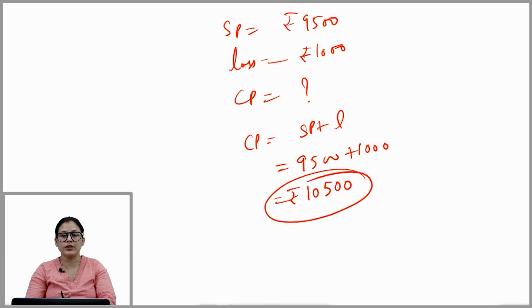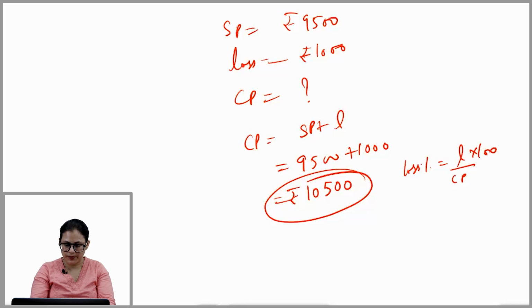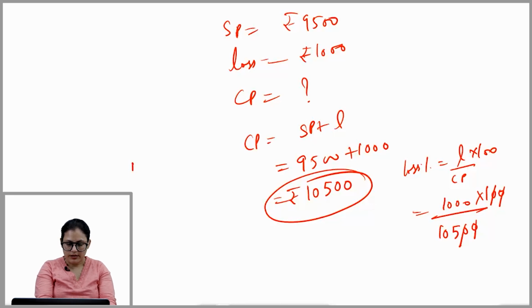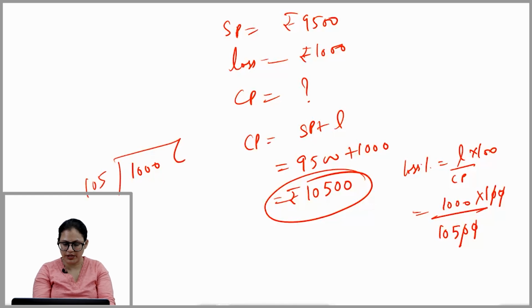Now you have to find out the percentage loss. Loss percentage is equals to loss upon CP into 100. Okay, so loss is 1,000, CP is 10,500 into 100. Okay, 2 zeros, 2 zeros goes. Or you can simplify it also, 1,000 by 105. 5 2s are 10, 5 1s are 5, 5 2s are 10.